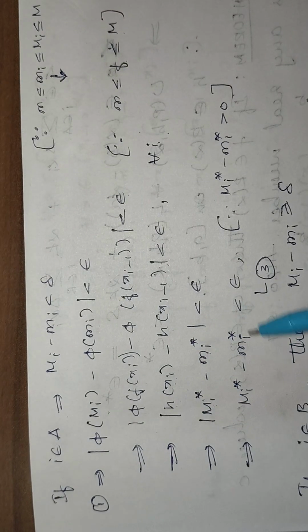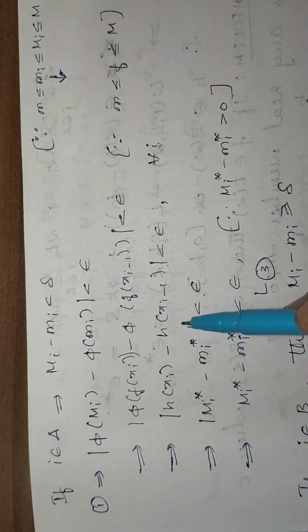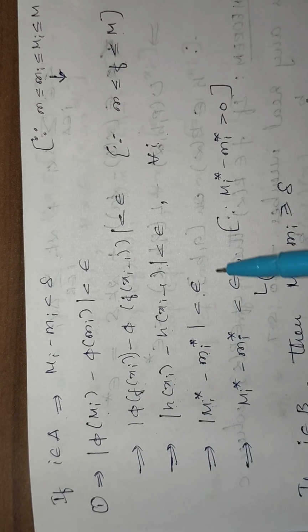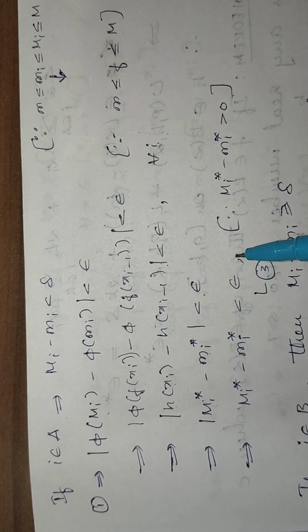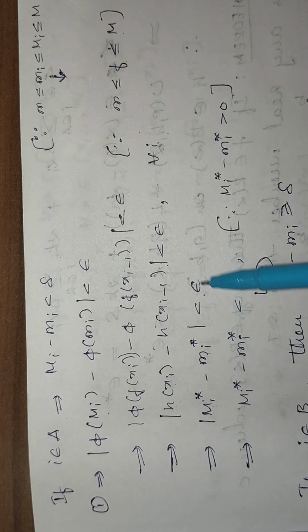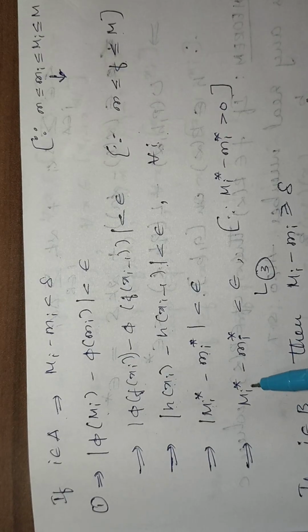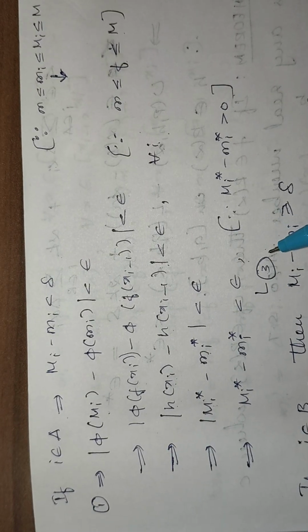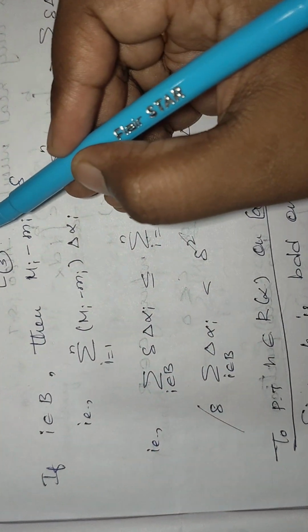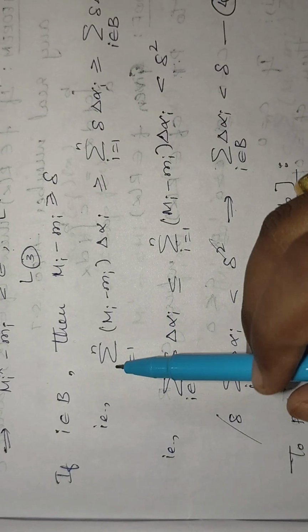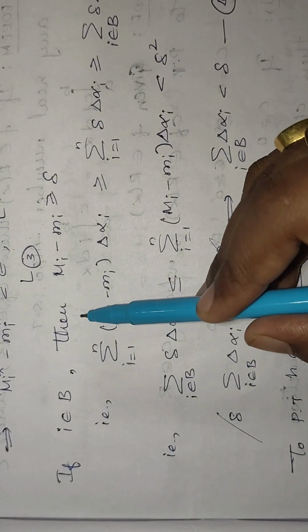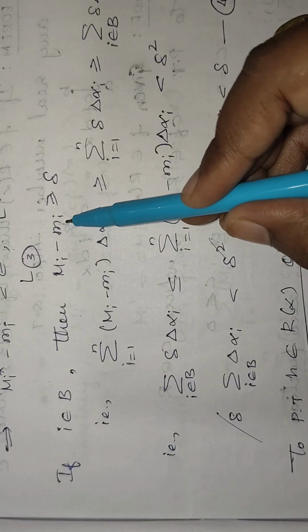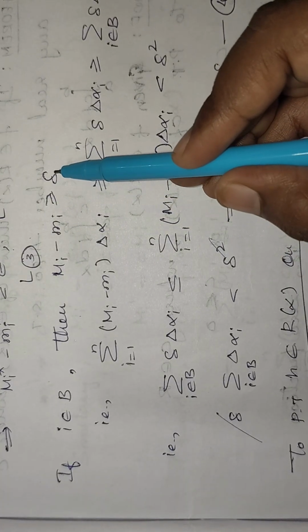Okay, see here, if mod of this is less than epsilon, then obviously Mi star minus mi star is also less than epsilon, because mod is only less than epsilon. So obviously after removing mod also, that will be less than epsilon. Name this as 3. Okay, now if I belongs to B, then capital Mi minus small mi is greater than or equal to delta.